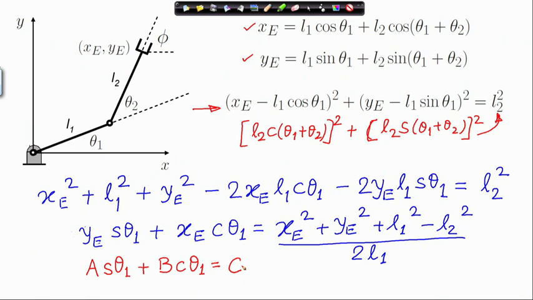Therefore, a, b, c are known, so the only unknown in this equation is theta 1.